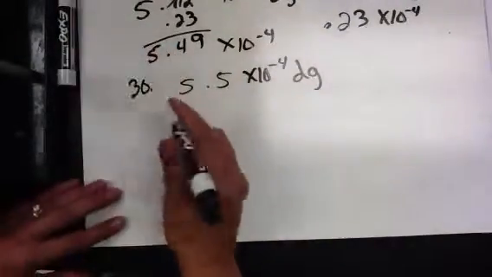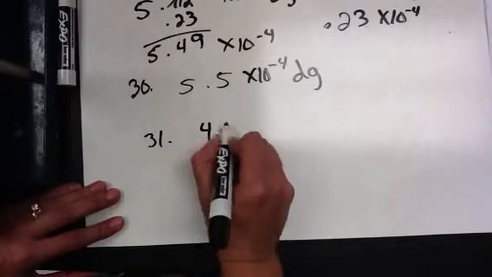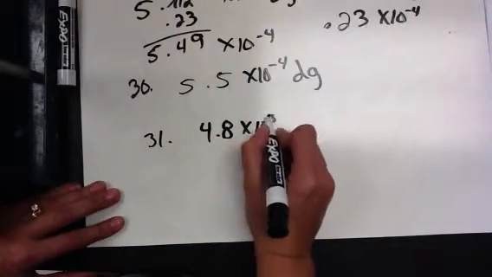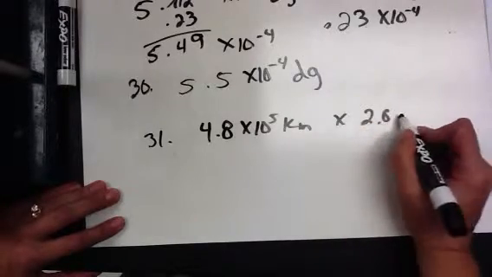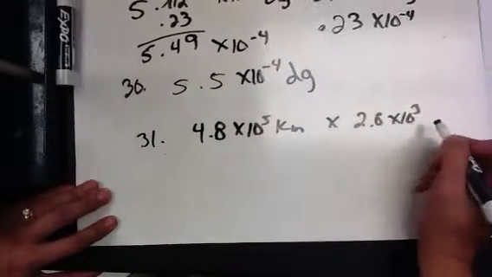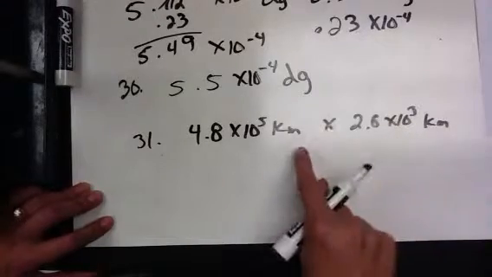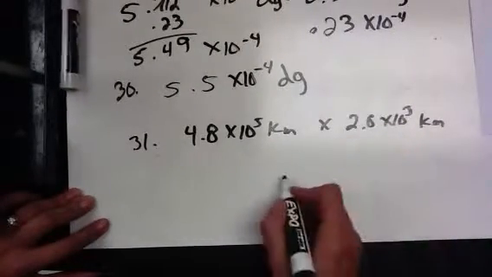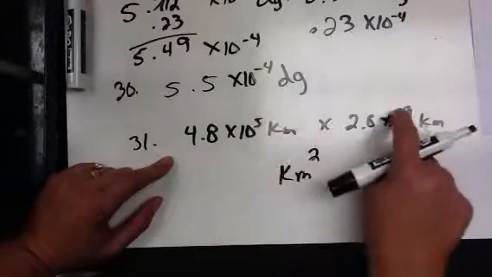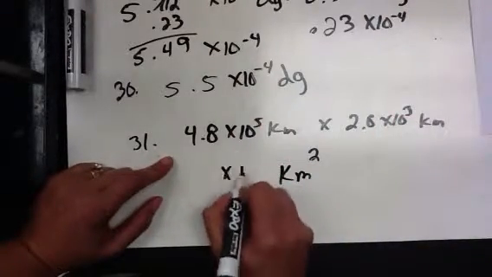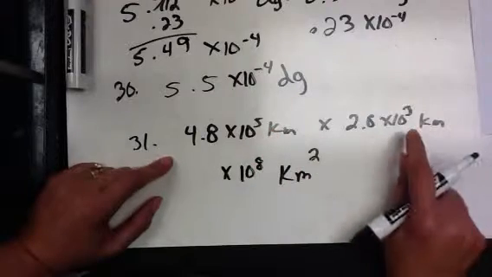Number 31. We're taking 4.8 times 10 to the 5th kilometers, and we're multiplying that whole thing by 2.0 times 10 to the 3rd kilometers. First of all, I'm going to look at labels. Kilometers times kilometers becomes kilometers squared. When we multiply, we can add the exponents, so I get times 10 to the 8th, because 5 plus 3 is 8.